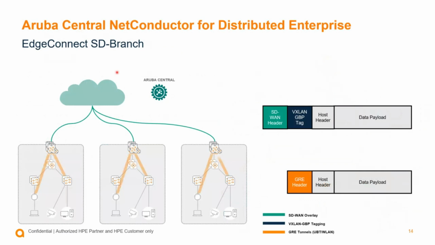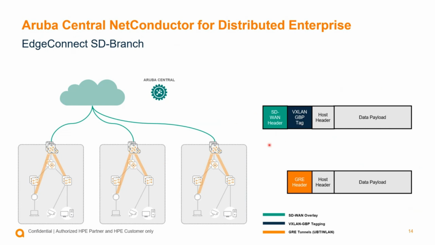And I mentioned that Central NetConductor is obviously more than a fabric manager, and more than an overlay manager. So we can integrate into the branch. We take a branch solution with user-based tunneling to the branch gateway. We can assign a GBP tag.